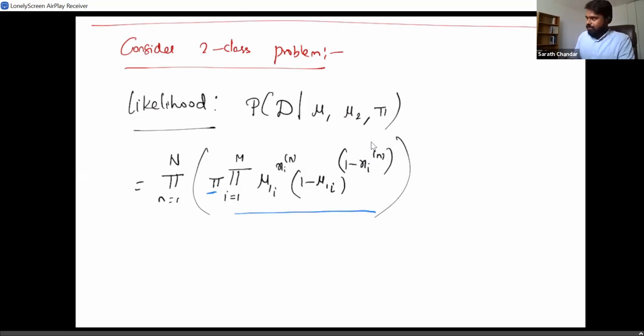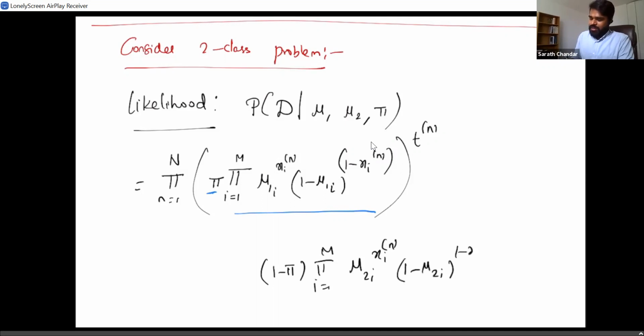Now this is for class 1. If it is class 2, you're going to have 1 minus pi times product over i is equal to 1 to m, mu2i to the power xin times 1 minus mu2i to the power 1 minus xin, the whole thing to the power 1 minus t of n.